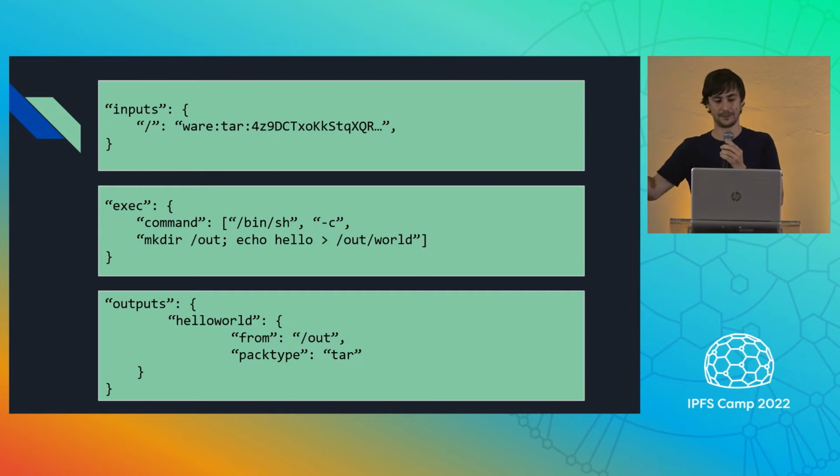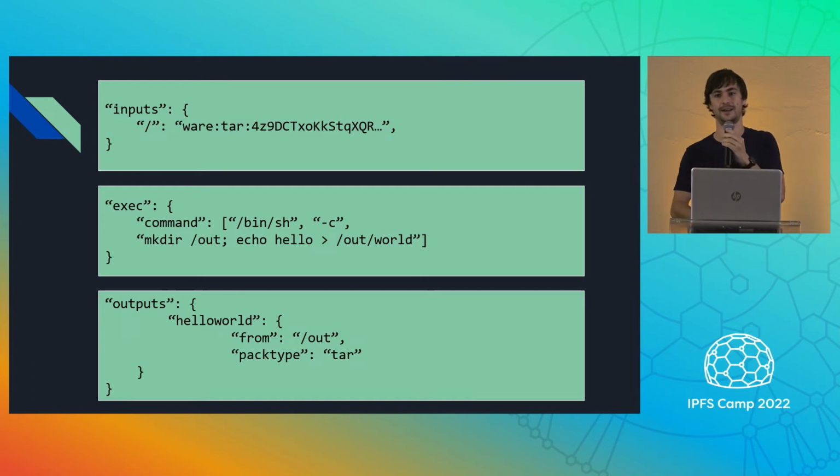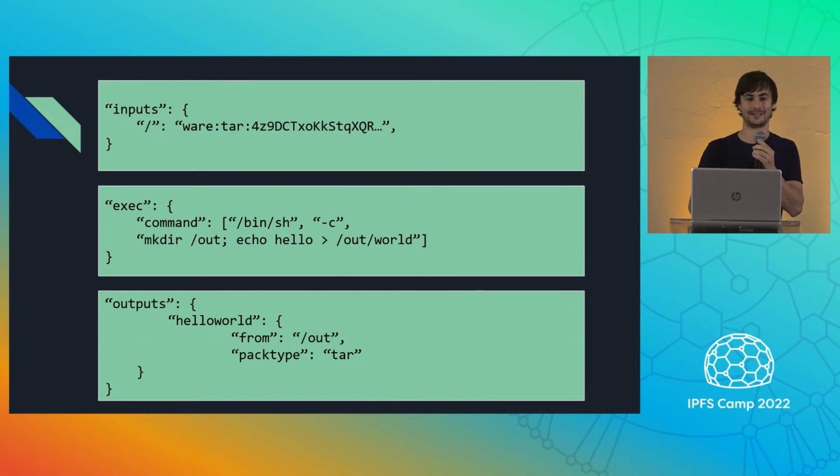So we have the input saying, I have a root file system I'd like to place in the container. That root file system happens to be a busybox binary that provides your typical utilities like SH, like a basic shell. You got echo, you've got CD, things like that. The exec step here, that's getting into actually running what we've brought in.